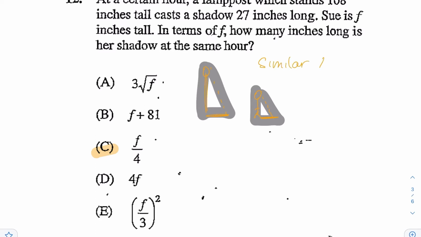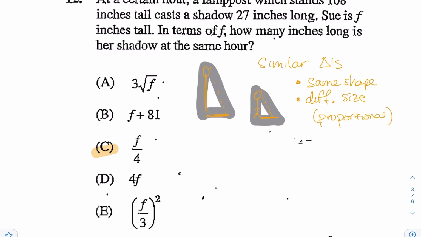So when you have similar triangles in this classic shadow problem, remember that the corresponding angles are the same, but the sides are proportional. Similar triangles have the same shape, but just a different size. So specifically, the sides are proportional.